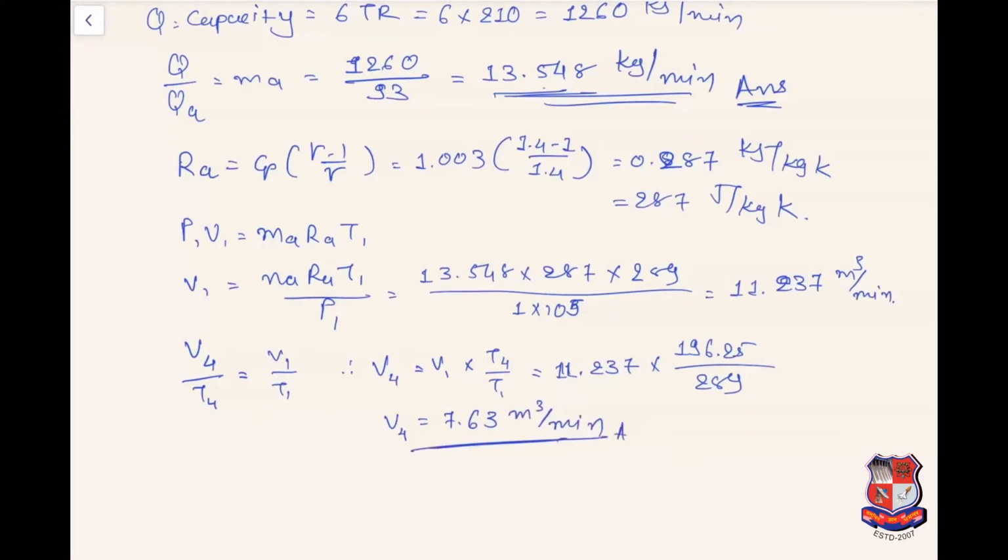So here is the third answer, that we needed to find out the piston displacement of the compressor and expander. So that is V1 and V4.